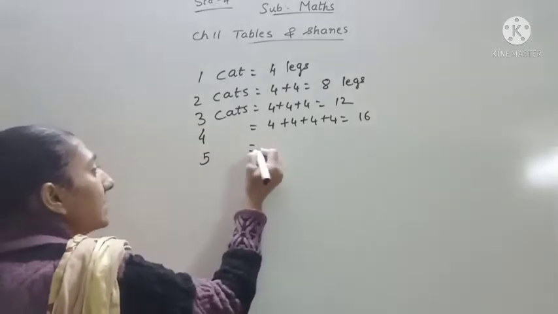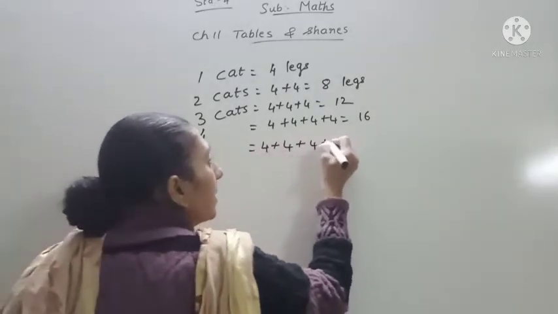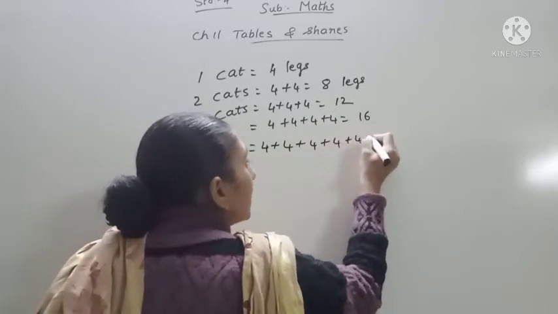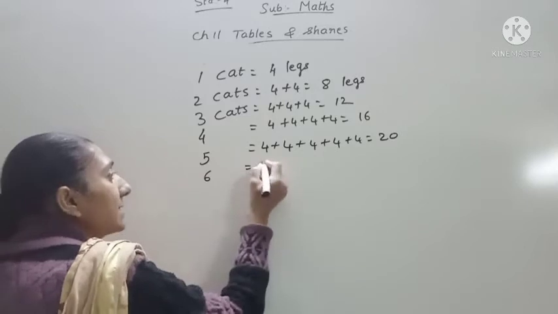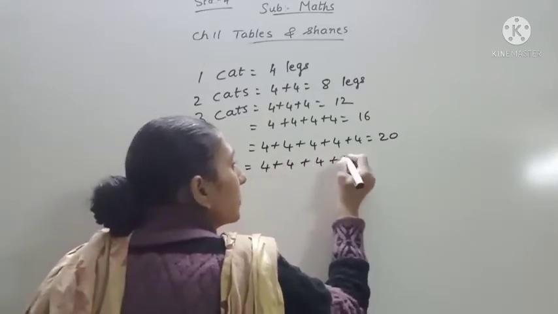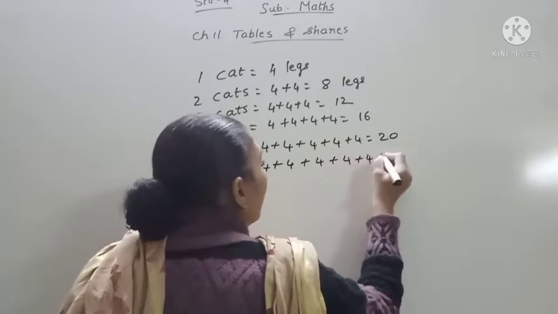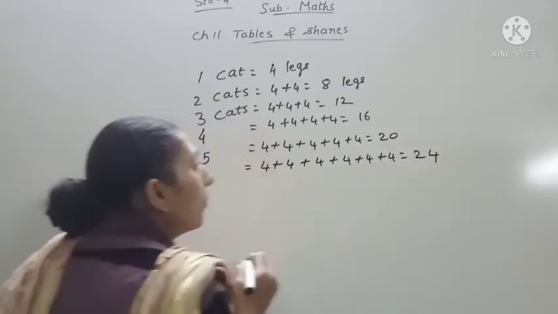If there are 5 cats, 4 plus 4 plus 4 plus 4 plus 4 is equal to 20. If there are 6 cats, 4 plus 4 plus 4 plus 4 plus 4 plus 4 is equal to 24.